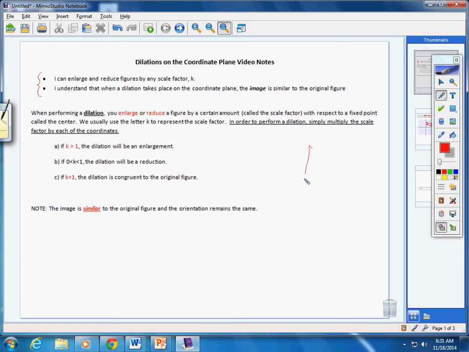So on your coordinate plane, which is not going to be very nicely drawn, you might have a triangle that's pretty big out here, and if we're going to dilate it by a scale factor of 1/2, our new figure is going to be smaller than this. We're essentially cutting it in half, and it's going to shrink towards the center, okay? That's the center. We are dilating our triangle with respect to the center or the origin.